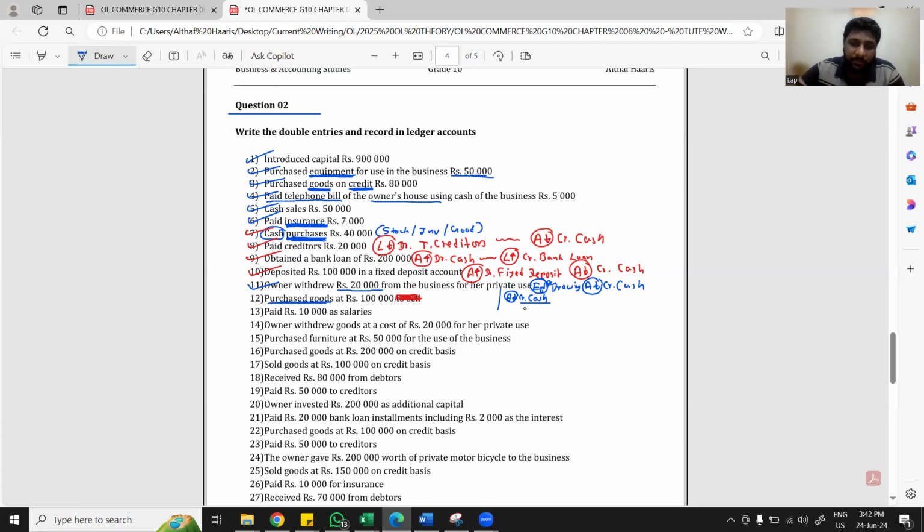Any purchase of the main stock should be written in the purchase account. Here, purchase, I told you, it is an expense. Expenses are debit.